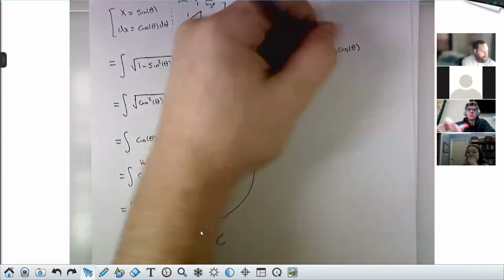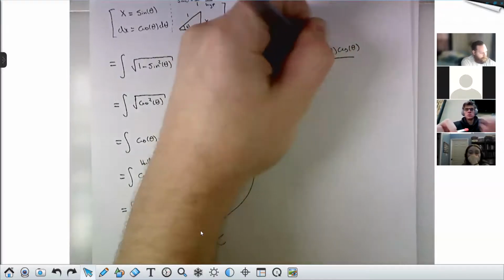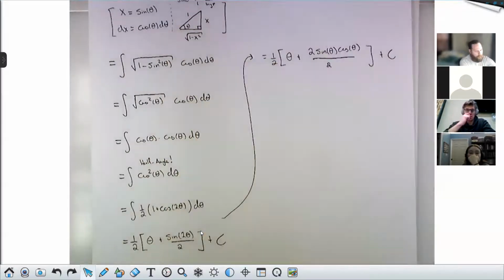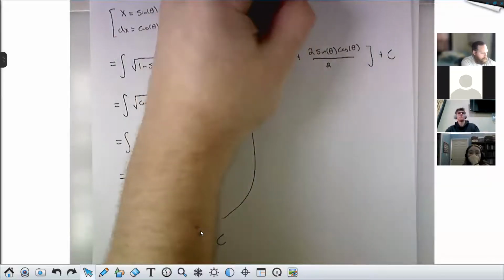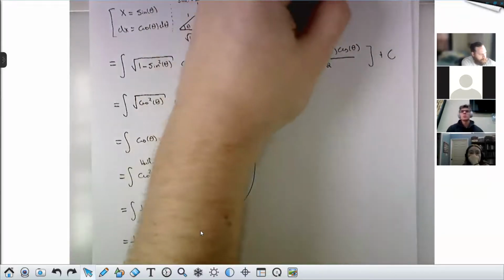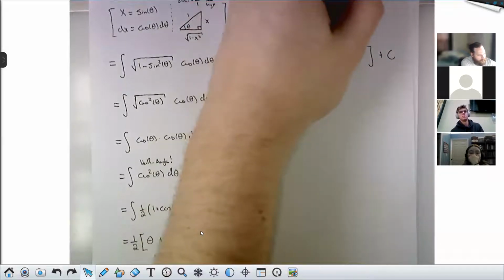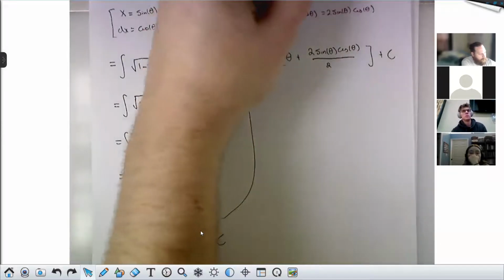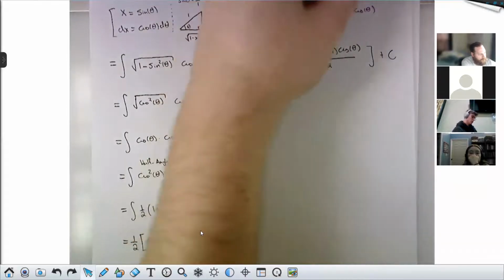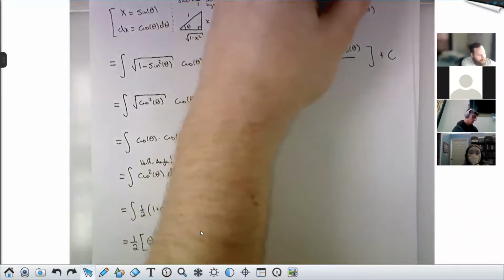Now, of course, this is all still over 2. And then you have your plus c. What I'm using here is the fact that sine of 2 theta is 2 sine of theta cos of theta. This was another thing in our preliminaries. It's the double angle identity for sine.